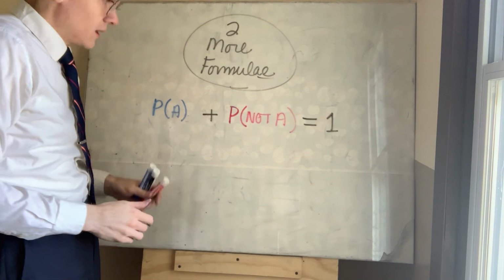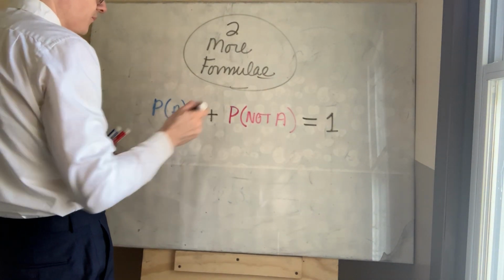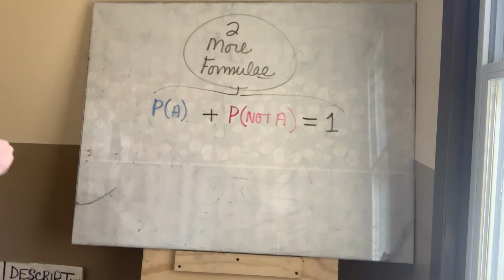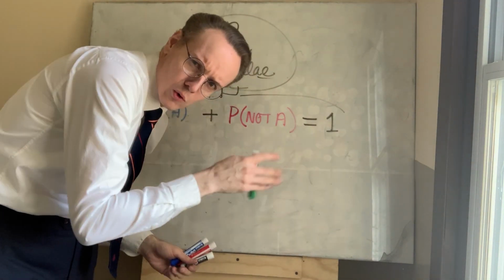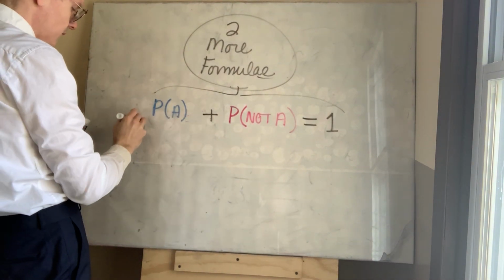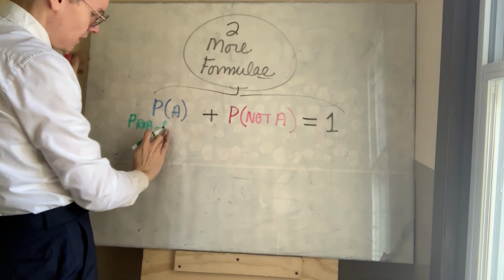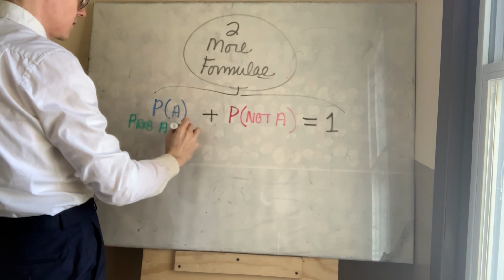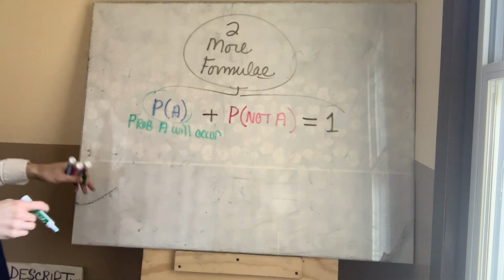Okay. Here's the first one. All right. The probability, I'll just sort of quasi-write this verbally. This thing here, it's in blue. The probability A will occur is what this is symbolizing.